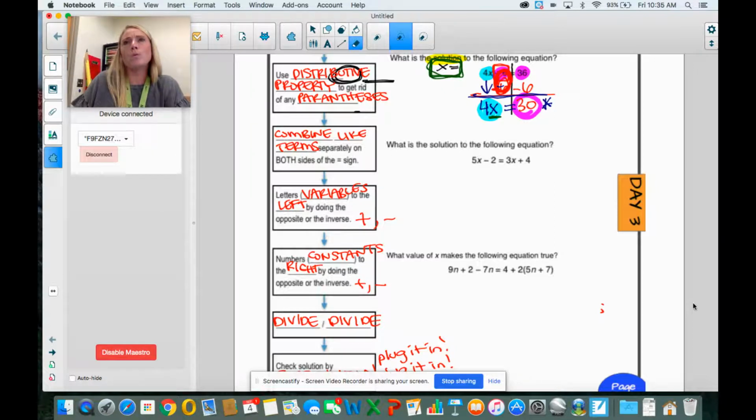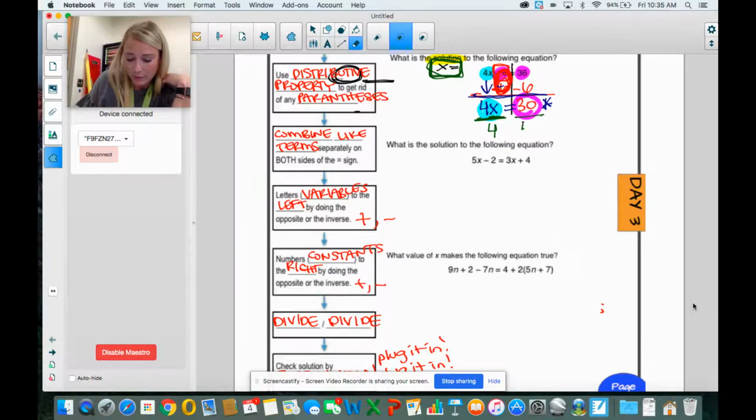So just like addition is opposite subtraction, what is the opposite of multiplication? Because 4x, they're side by side, that tells us to multiply. So to undo it or take it to the other side, I have to do the opposite. And the opposite is dividing. So I'm going to divide by 4. Whatever I do on one side, I have to do on the other.